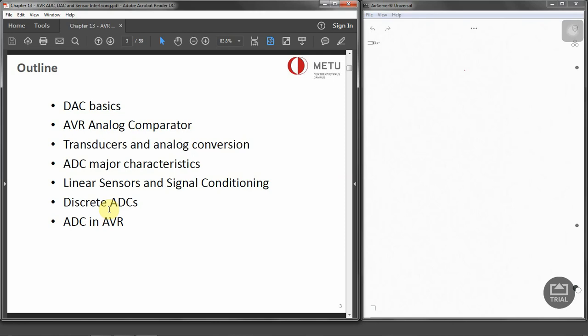Generally, inside the DACs there are two versions of circuitry we can find. One is the binary weighted method of conversion. The other one is the R2R ladder conversion.